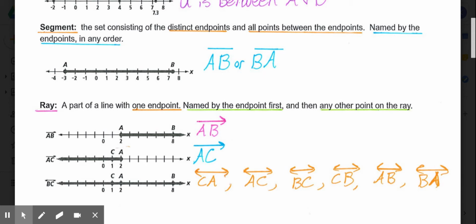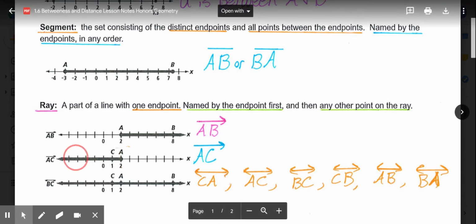I know that A is the endpoint because that's where it technically starts and it goes toward B forever. So when we name that, we have to put the endpoint first under the ray symbol. The ray symbol is basically an arrow going to the right. So you always start with the endpoint. So this would be ray AB.